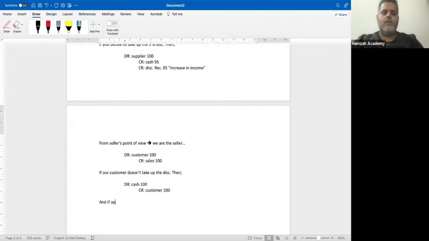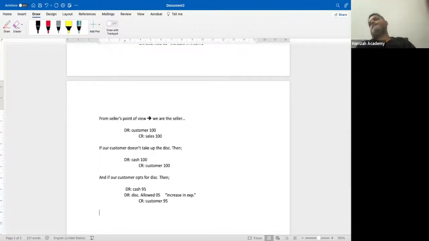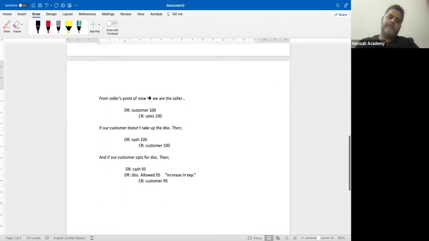And if our customer opts for the discount, then we are going to debit cash 95, debit discount allowed of 5, and credit customer with 100. So here the discount allowed is going to be an increase in expense. Discount received is an income, and the discount allowed is an expense, right?